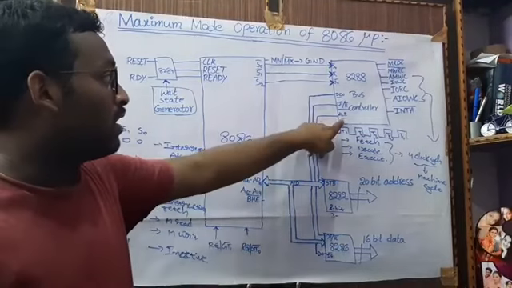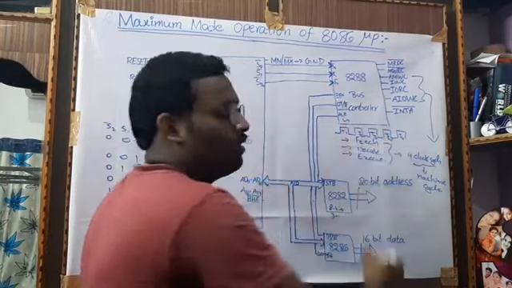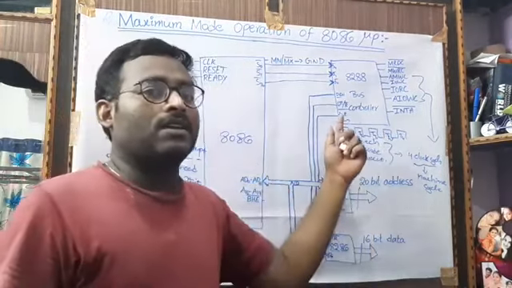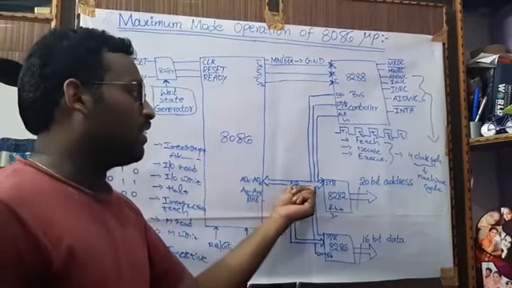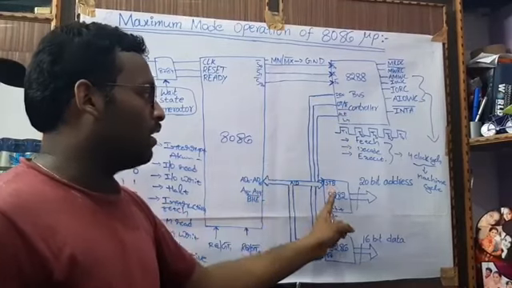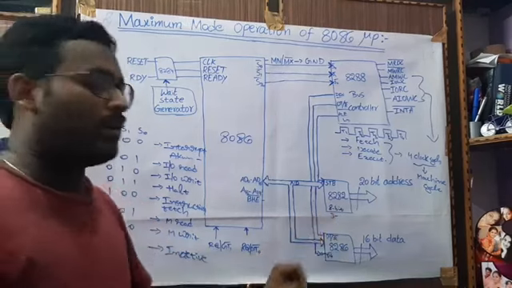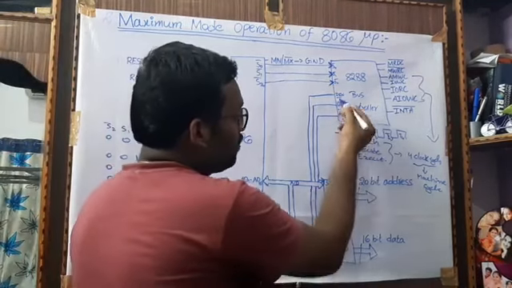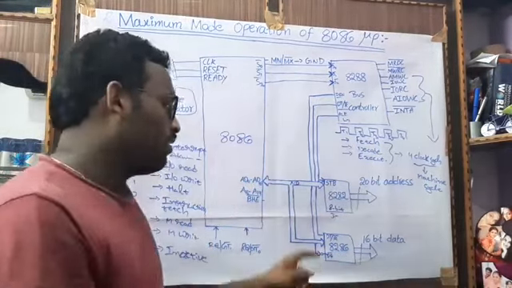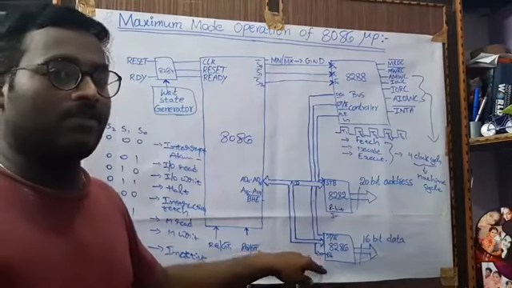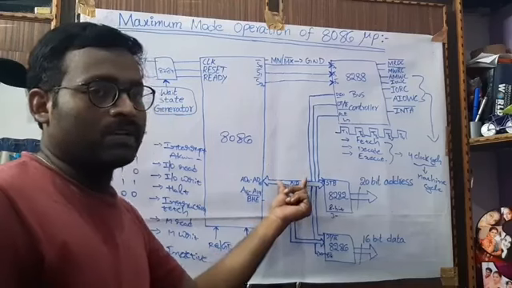Okay, so address latch enable is responsible for generating a valid address from this address and data lines, which will control the 8282 address latch buffer. Okay, and data enable is controlling this transceiver or buffer, which is responsible for generating valid data from this address and data lines.